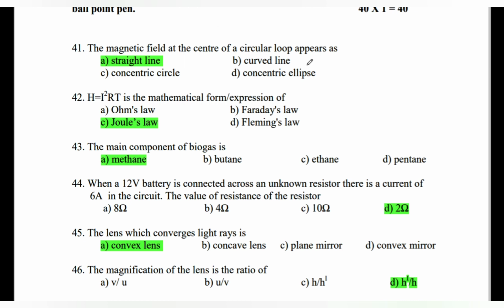Question number 44. When a 12 volts battery is connected across an unknown resistor, there is a current of 6 amperes in the circuit. The value of resistance of the resistor is.